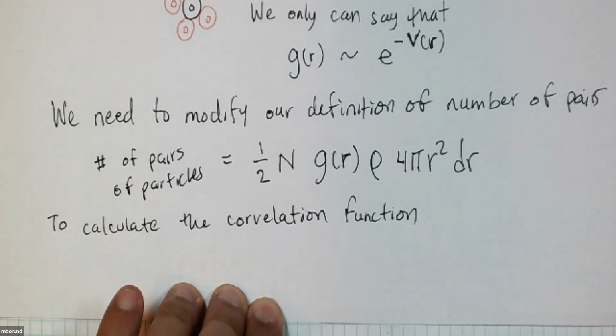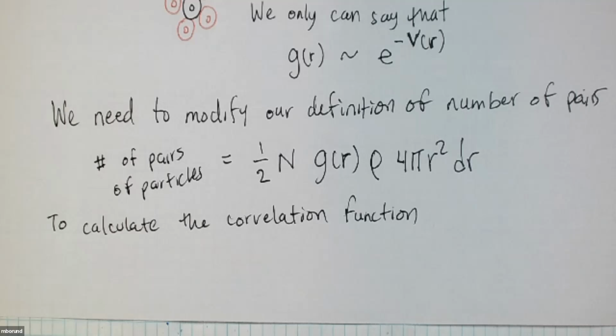Regarding this G of R, just for those of you that are solid state physicists, sorry, high energy folks. If you do X-ray diffraction, what are you measuring? The peaks, the position.